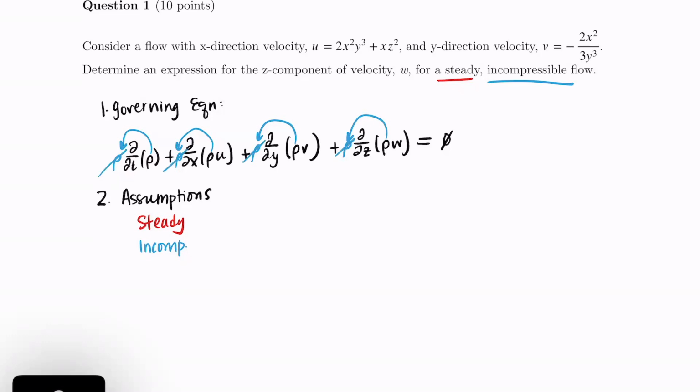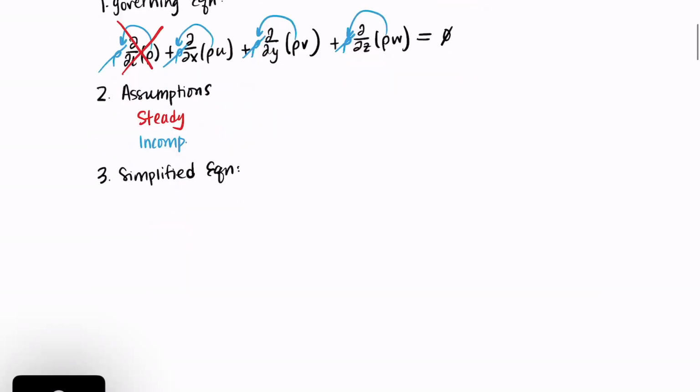And since it's steady, we can get rid of the time derivative as well. So our simplified equation is the following. So we have partial u partial x plus partial v partial y plus partial w partial z is equal to 0.